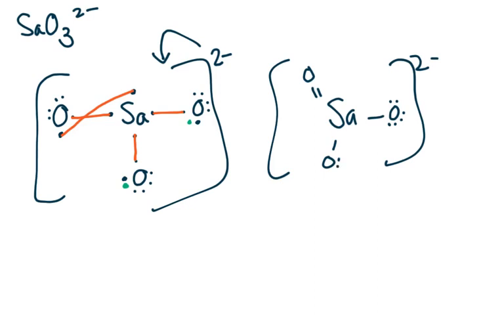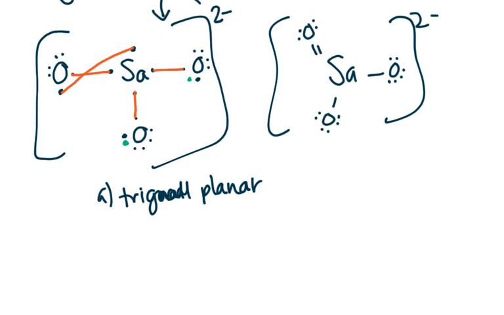So with 3 things coming off of my central atom, I have a trigonal planar shape, or I'm sorry, electron pair geometry. The shape is actually the same because nothing on my central atom is a lone pair.